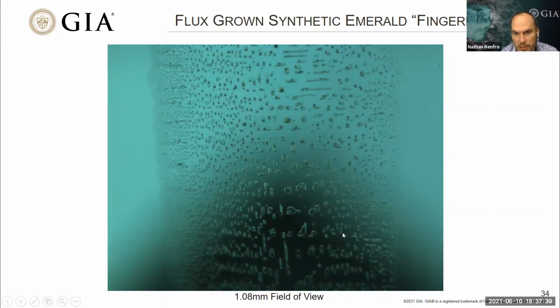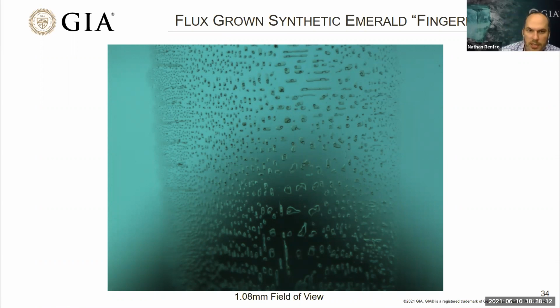And what happens is that as the emerald starts to repair, it traps these little low energy negative crystals of flux residue. And so in this case, they have this sort of brownish look. And what you'll notice is that each one of these little negative crystals has a little tiny minute contraction bubble, but otherwise the only component in there is this flux. So there's no daughter crystals, there's no third solid phase in there. And so these are flux inclusions in a flux-grown synthetic emerald.